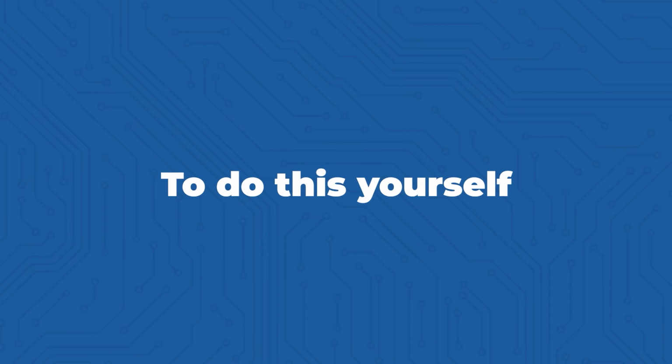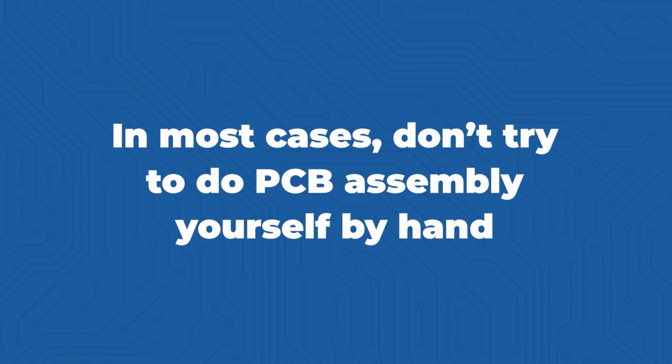But that's very rare and not something I recommend, because if there's a problem with the design, you're going to be questioning whether it's a bad solder joint, or whether something was done incorrectly in the assembly process, and so you're going to be second guessing yourself.